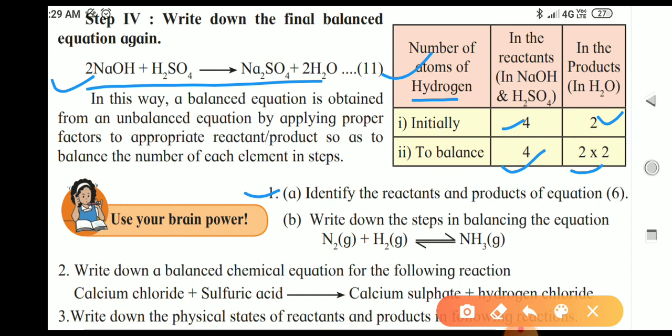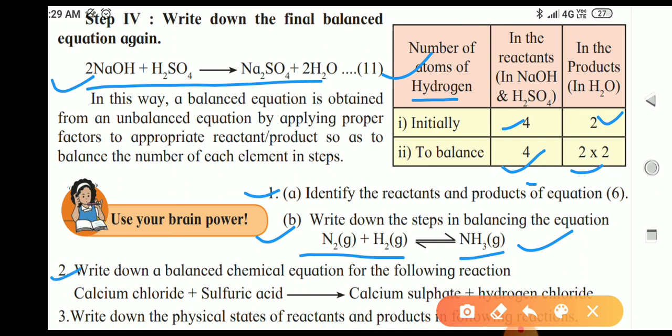Reactants are present towards the left side of the arrow and products are present towards the right side of the arrow. Question B is: write down the steps in balancing the equation. This is similar to the example we have discussed. The equation is N2 plus H2 gives NH3. So we have to go step by step and balance this equation.